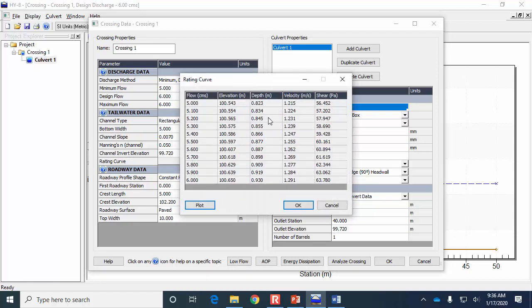So this is zoomed in between 5 and 6, and here's the 5.7. At 5.7, the water depth is only 0.898. So should we make the channel wider or narrower to increase the depth? We can tolerate a depth downstream of 2 meters.